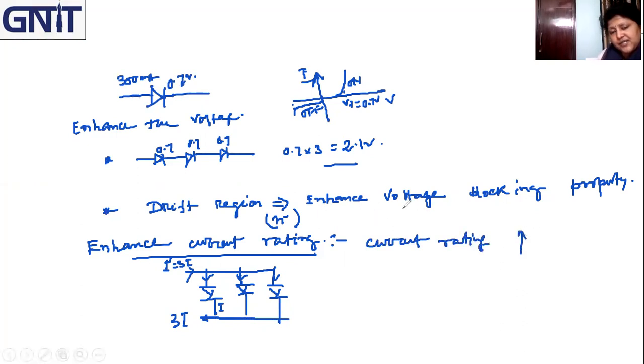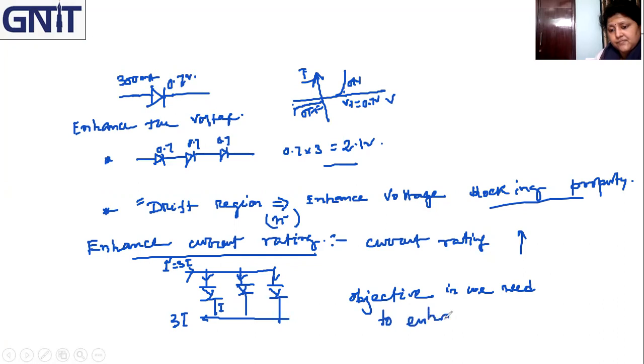Similarly, for the voltage enhancement, we require so many devices connected in series. As well as there will be certain regions that enhance the voltage blocking property of the device. And ultimately, what is the objective? The objective is we need to enhance the power.